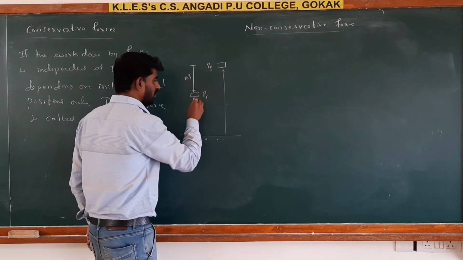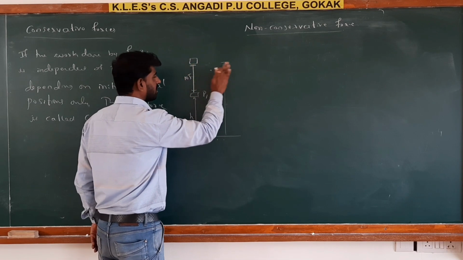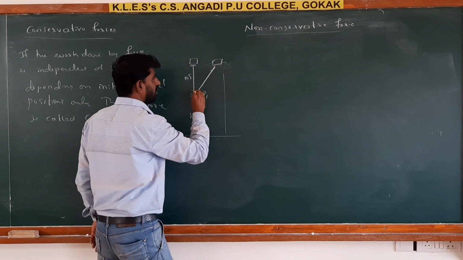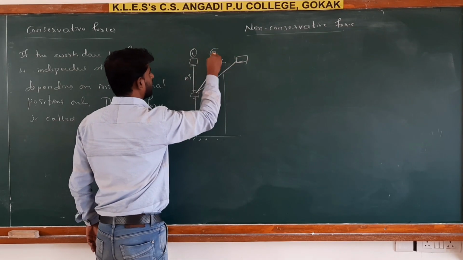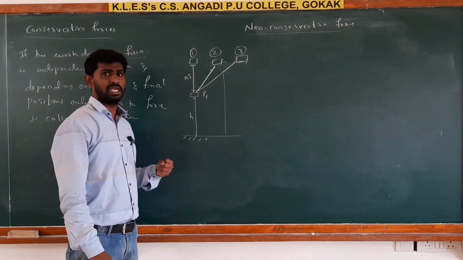If you lift the body like this, 10 joule of work is done. Suppose you carry the body in this direction and keep it here, or keep it here: first case, second case and third case. In all three cases the path followed is different.